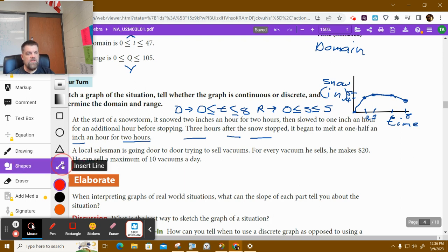So I'm going to draw some straight lines in here. So from here to here, and then from here to here, and from here to here, and then from here to here.